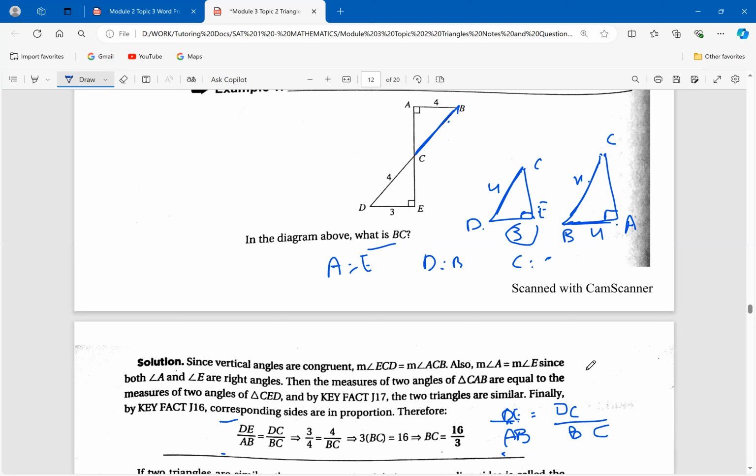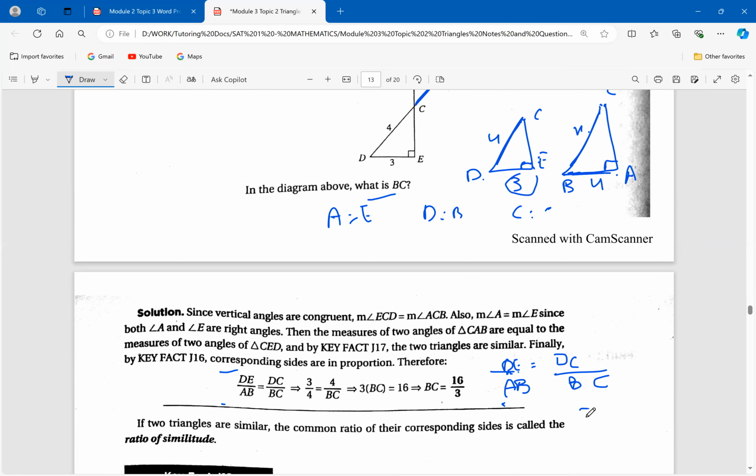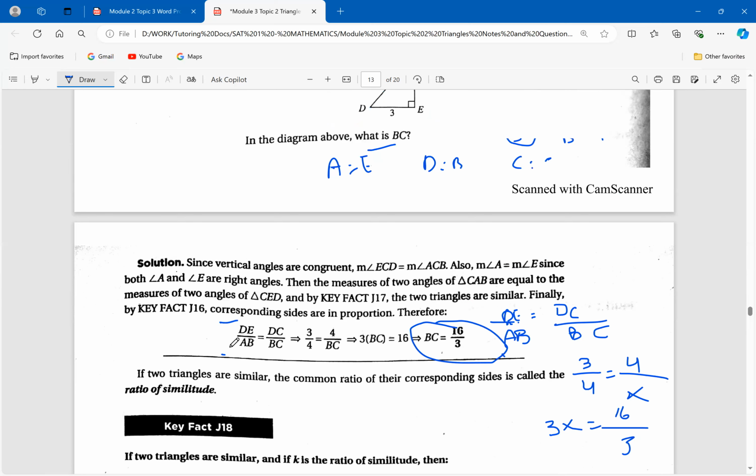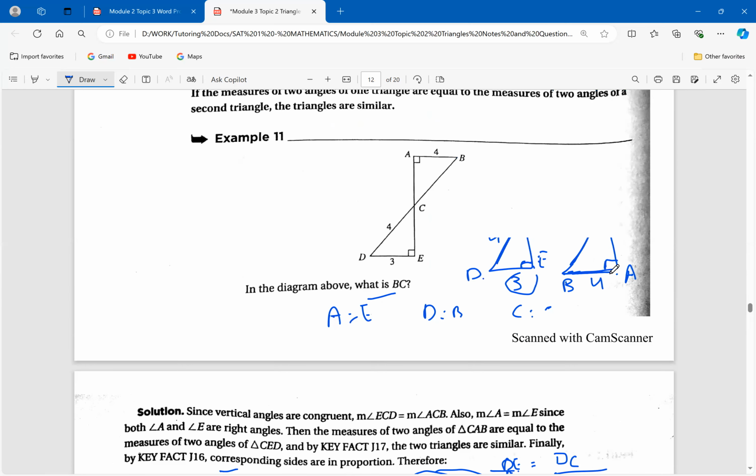DE was 3, so we write 3 in place of DE. Then AB was 4. DC was 4, and BC is what we were finding. So 3x equals 16. 16 upon 3, this is the length of BC. So you're going to use direct proportions, guys. Just remember, we've studied ratios and proportions. This topic is very much similar to that. So keep these things in mind while you're solving these questions.